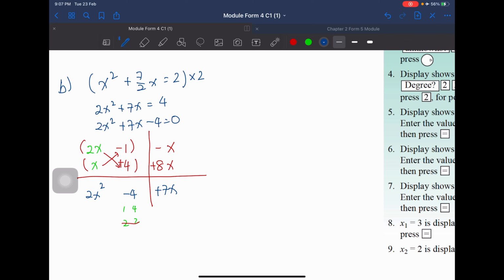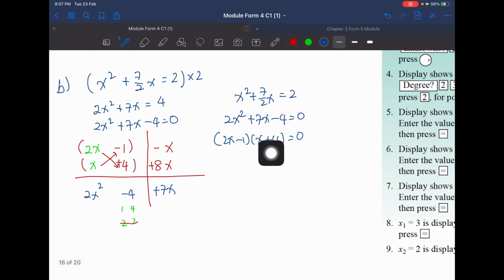So kita ada x square plus 7 over 2x equals to 2. So kita tadi buat dia jadi 2x square plus 7x minus 4 equals to 0. So 2x minus 1, x plus 4 is equals to 0. Okay, so samakan kosong dua-dua bracket ni.